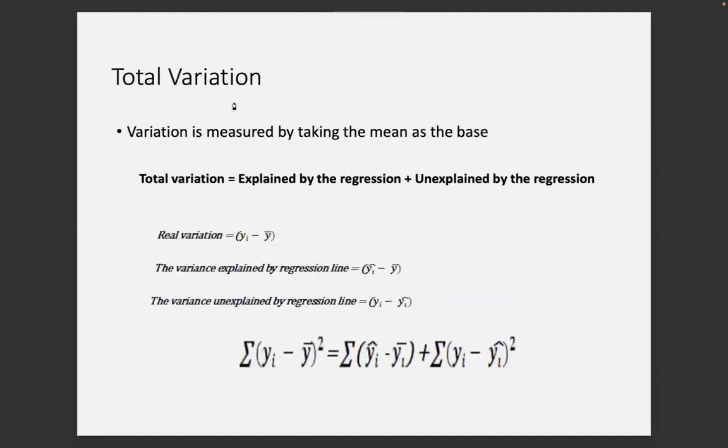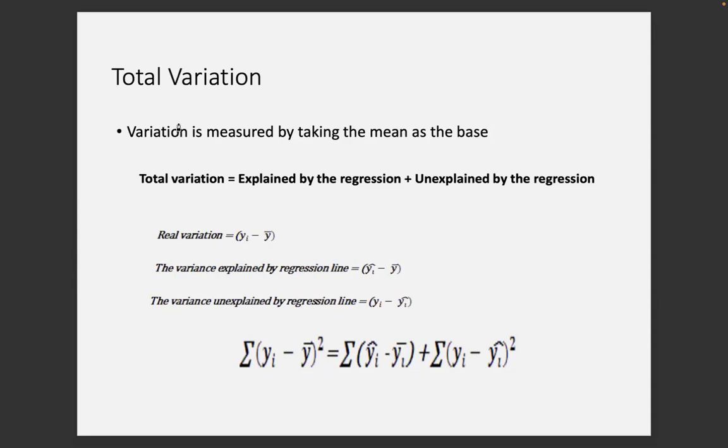So for the total variation, variation is measured by taking the mean as the base. Then the total variation is equal to the variation explained by the regression plus the variation unexplained by the regression.